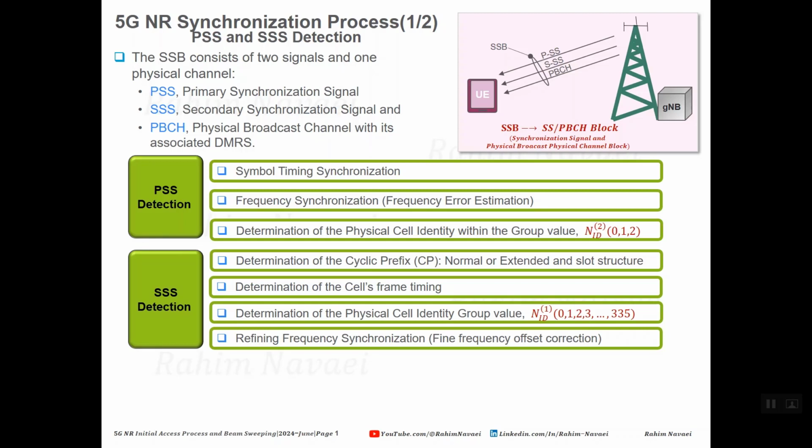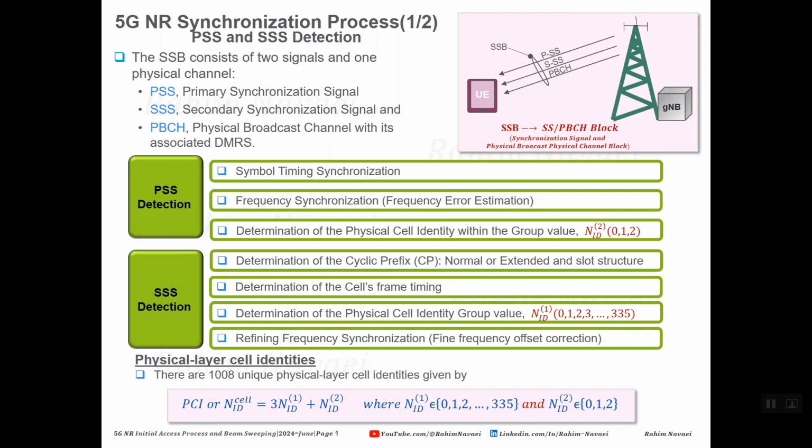It plays a key role in decoding the physical broadcast channel PBCH payload. Here is the PCI formula. There are 336 groups and 3 cell identities within each group. Totally, there are 1008 unique physical cell identities.